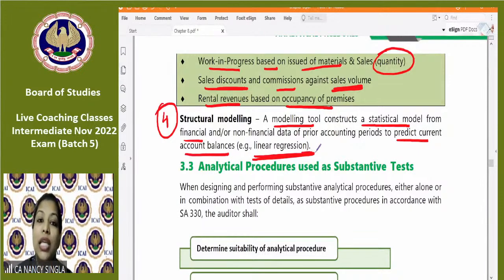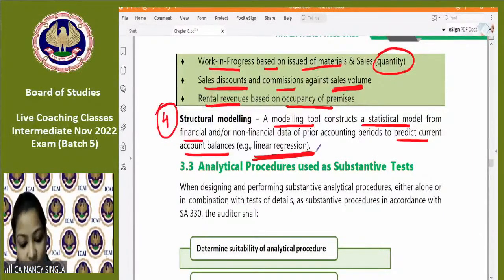So linear regression, calculation of coefficient of correlation, everything that you have done in statistics. Many of you have earlier written, ma'am, statistics foundation, I forgot it. Nothing happens if you forgot. For the purpose of this chapter you need not as such know how to calculate all that, though as a CA student you should know, but these are the various techniques.